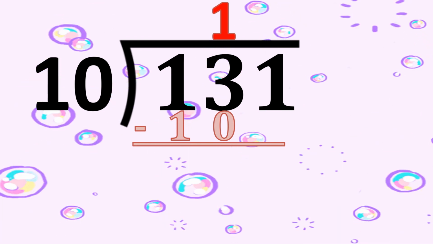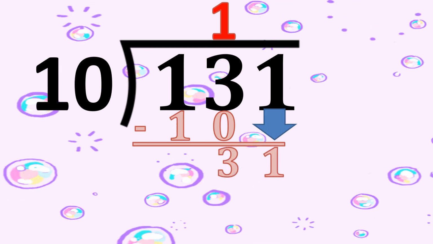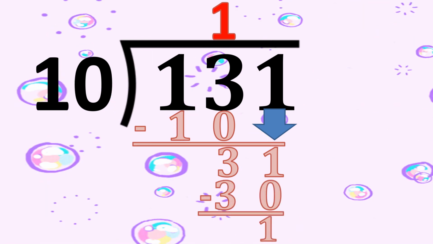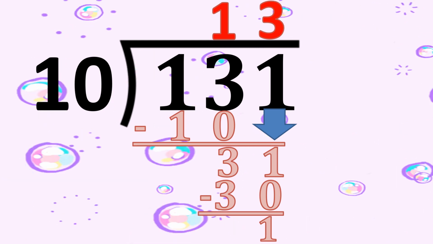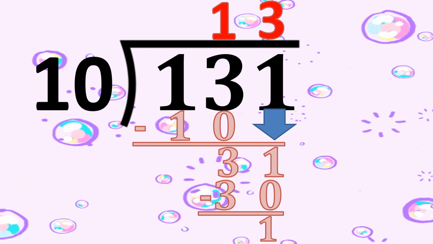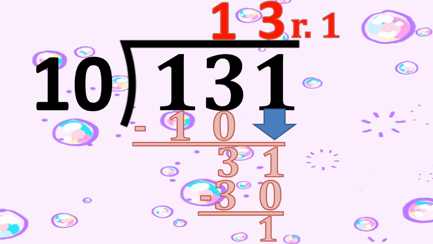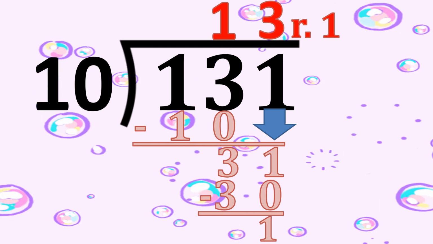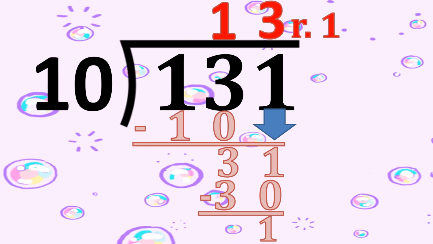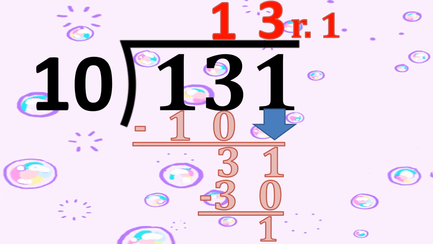And 13 minus 10 is 3. And bring down 1. Now, 31 divided by 10 is 3. So, 3 times 10 is 30. And the last remainder is 1. The shortcut here is the last digit of the number that is divided by 10 is the remainder.